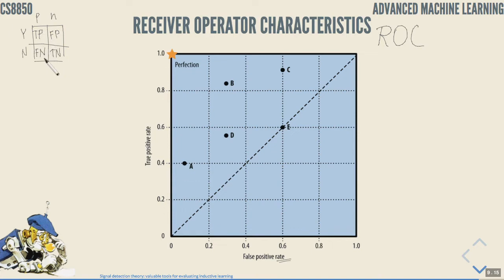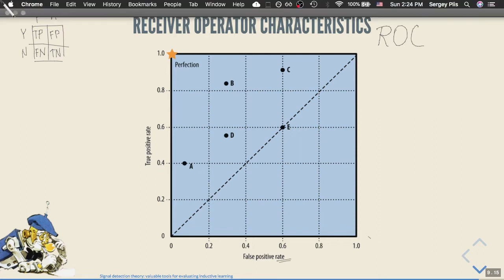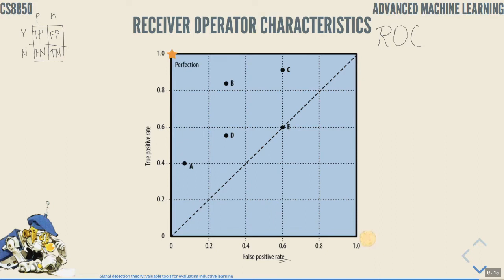So if we graphically represent what a true positive rate is, we'll get, sorry, this will be false positive at the corresponding axis. So false positive is a number that is negative that's predicted as positive, and the rate is that ratio.